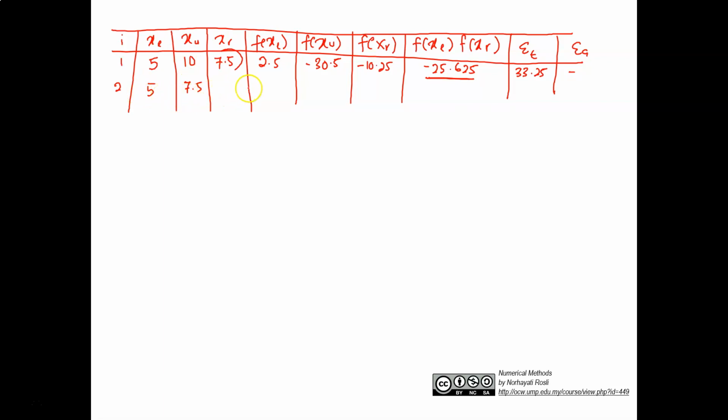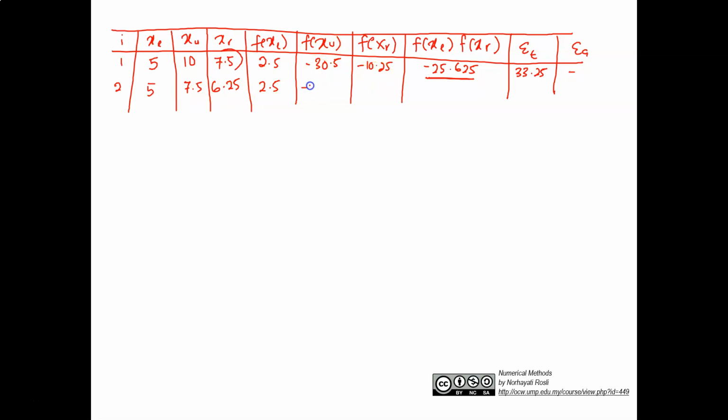And here class, we can see we already have the value of function of this 5. But we need to compute here XR, our new XR. We did previously, we got 6.25. And then its function here same, because this one the value not changed.